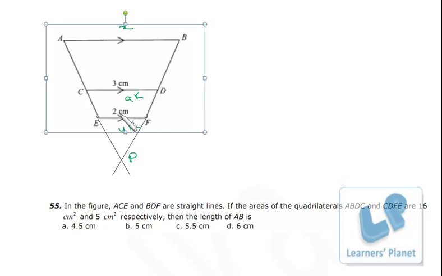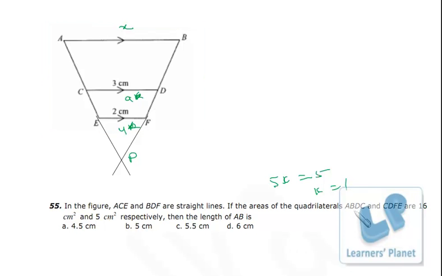Over here the word quadrilateral has been used. So area of ECDF is 5K, right? And we have been given the area of CDFE, that is 5. So 5K is equal to 5, that means K is equal to 1. That means area of this is 4, and this entire triangle CPD is 9. Okay.